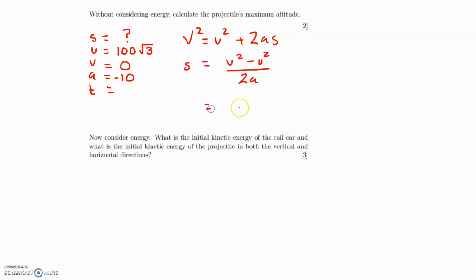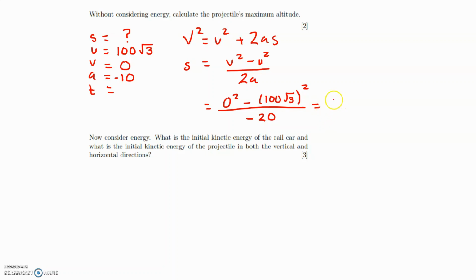Okay, we will put our numbers in, so 0 squared minus 100 root 3 squared, all divided by minus 2 times 10, so we get minus 20 there for the denominator.